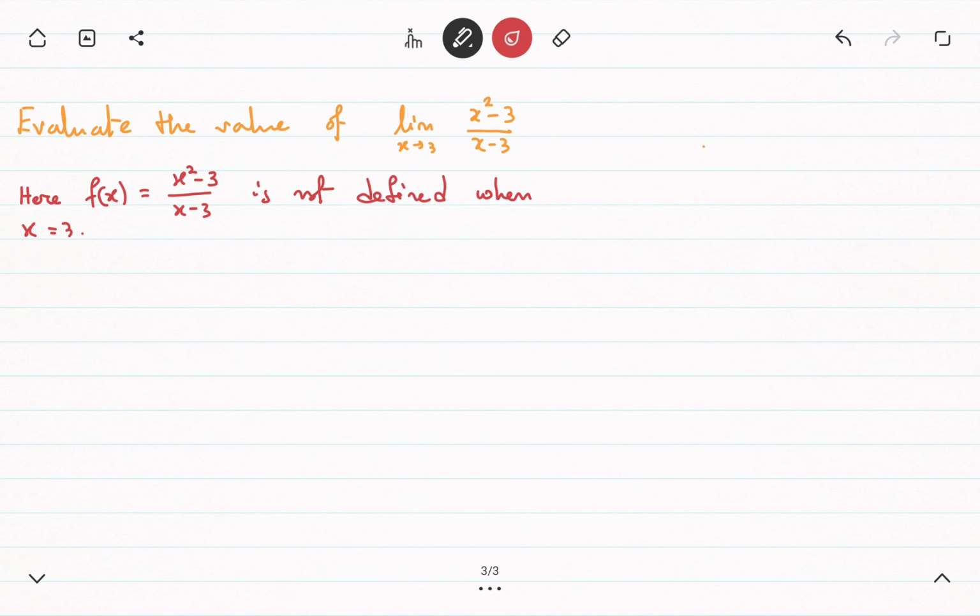But it doesn't matter, because as per the definition of limit, we can take the values of x that are close to 3, but not equal to 3.